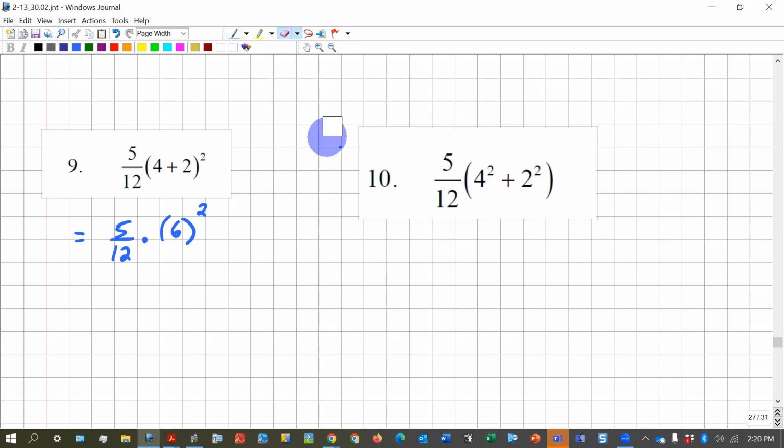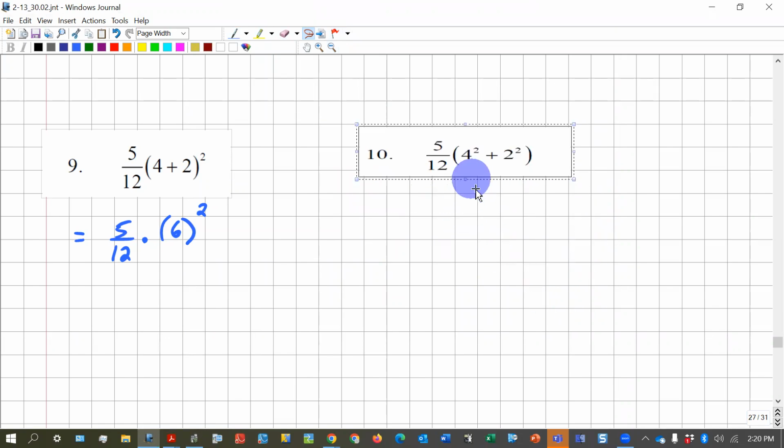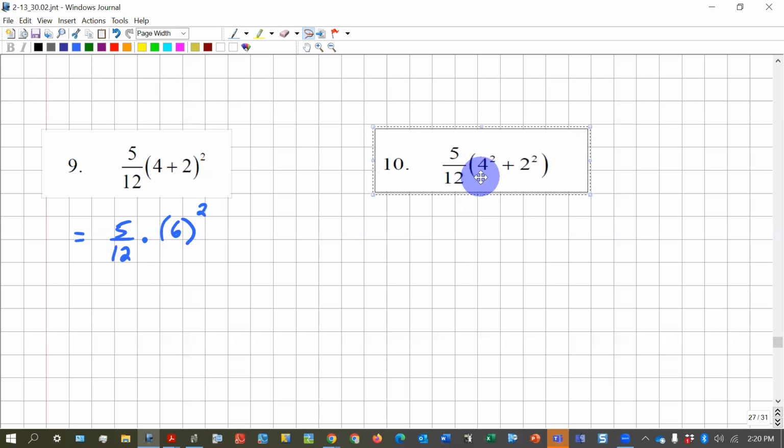But if we look at problem 10, it's a lot of the same numbers, a lot of the same operations. But this time inside the parentheses, there are 3 operations. There's 2 exponents and an addition.